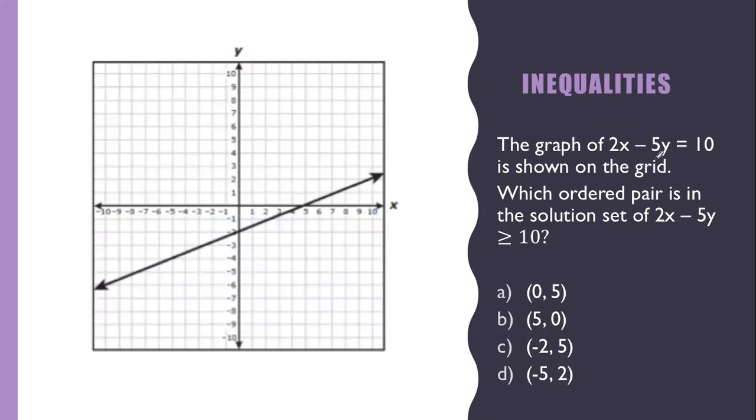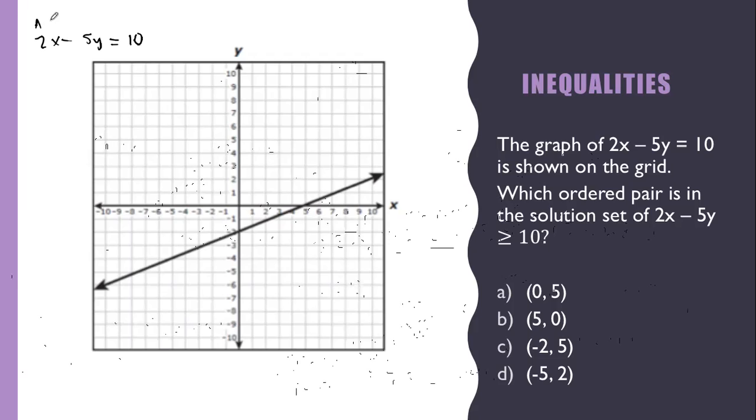The graph of 2x minus 5y equals 10 is shown on the grid. Which ordered pair is in the solution set of 2x minus 5y is greater than or equal to 10? This is where we're getting a little more complicated, so I need you to pay attention now. 2x minus 5y equals 10 is in standard form, ax plus by equals c.